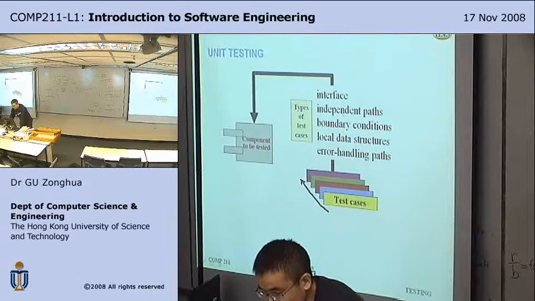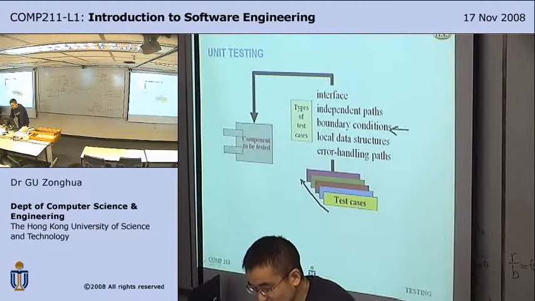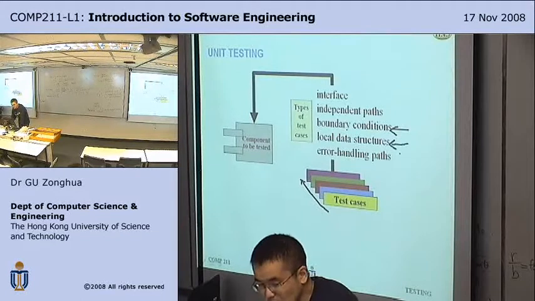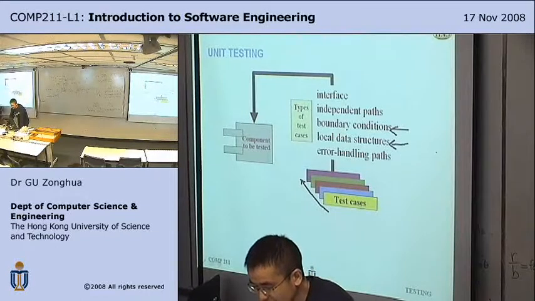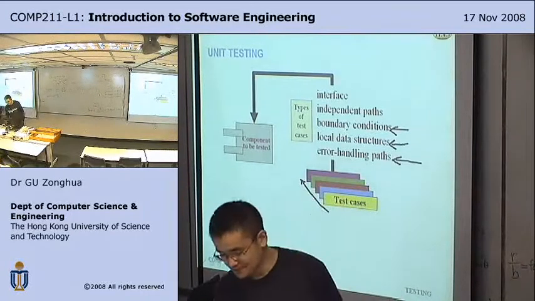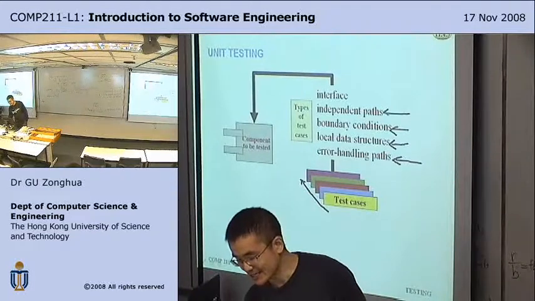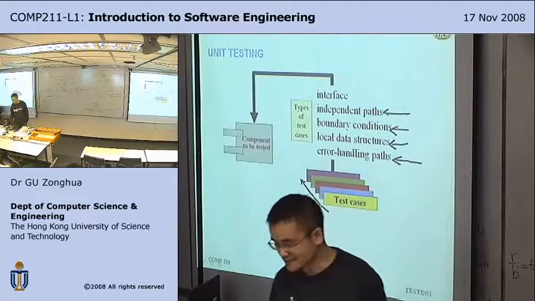So you may have different types of test cases. Those may be testing boundary conditions. Some may be testing data structures, like array out of bounds errors. Some may be testing error handling paths, trying to force the system into exceptions. Some may be testing independent paths, like the basis path testing we discussed before.